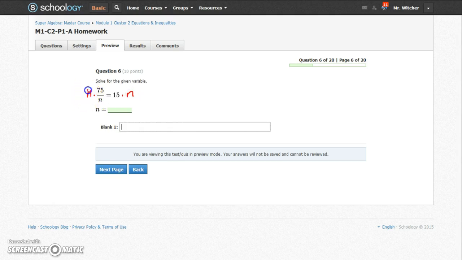So n divided by n is just going to be 1. So we have 75 equals 15n. Now we can divide by 15 because we're multiplying. The inverse of multiplication is division. So we're multiplying by 15, we go ahead and divide by 15, and we get 75 divided by 15, which is 5.